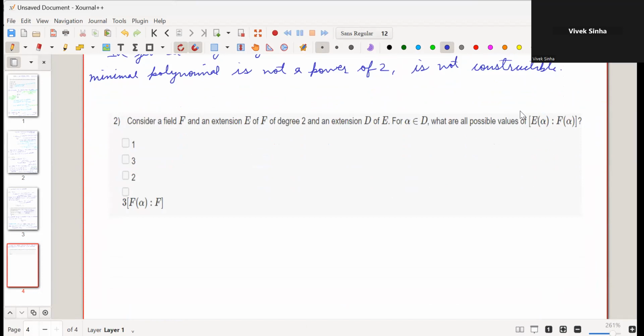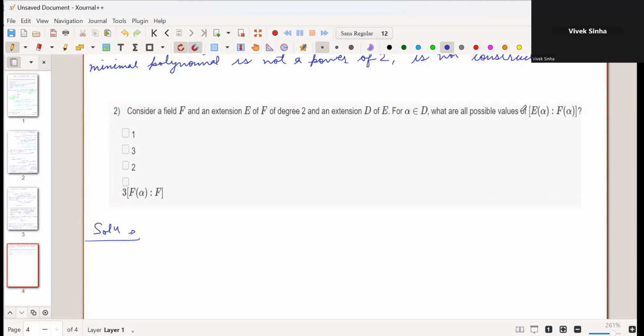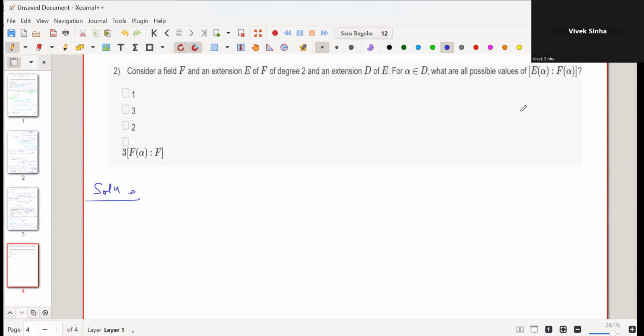Okay, so what is the situation here? Here you are having two fields E and F. Let me try to explain this using a tower of fields. You have F at the bottom, E you have as a superfield. Yes, you are right, it is 2, but one has to show.